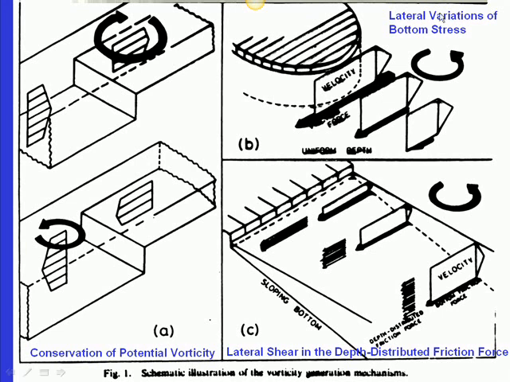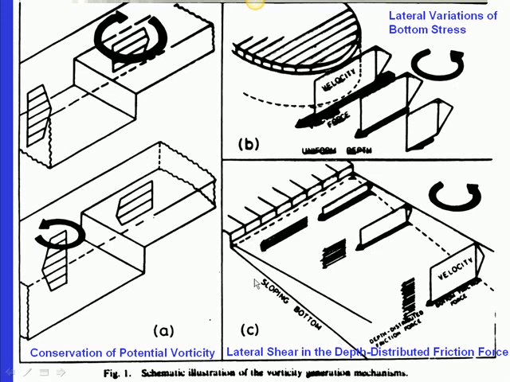Then you have the lateral variations of bottom stress. You have that where the velocity is stronger. As the flow goes around the point, it accelerates, and there's more bottom friction here. So this will tend to create a counterclockwise circulation, counterclockwise vorticity or positive vorticity. And this vorticity will again transfer energy from the fundamental frequency to the zero frequency.